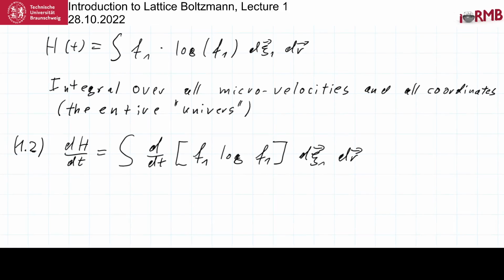Now we can apply the chain rule on the derivative, which means we first take out d/dt f1, and this goes into the logarithm of f1. For the other part, the derivative of f1 would be 1 over f1 times the f1 we do not take the derivative of, which gives us f1 divided by f1.